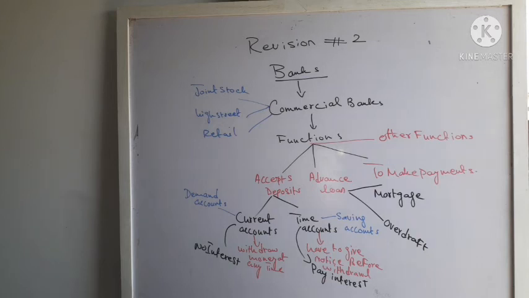But if we talk about the mortgage loans, usually the bank can advance loans to us by taking a surety. Usually the surety is taken in the form of property, like the registry of the property is taken by the bank as a surety that you are going to return the loan. This is known as the mortgage.